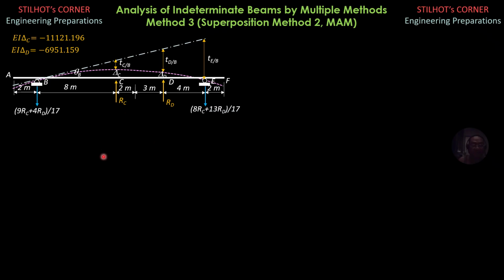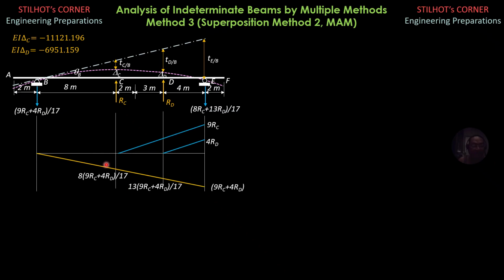So the corresponding moment area diagram over EI would be this. We have RC times 9, then RD times 4, then this is the quantity 9RC plus 4RD over 17 times 17, so 9RC plus 4RD here.